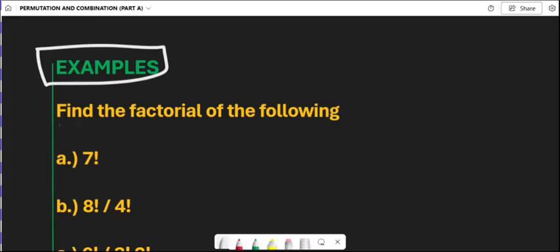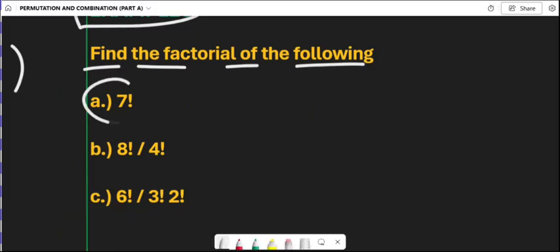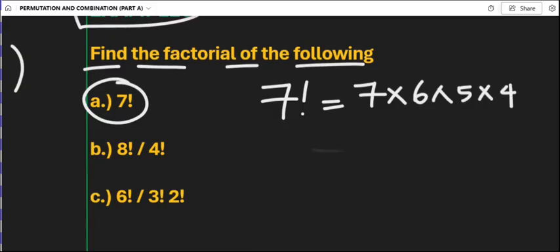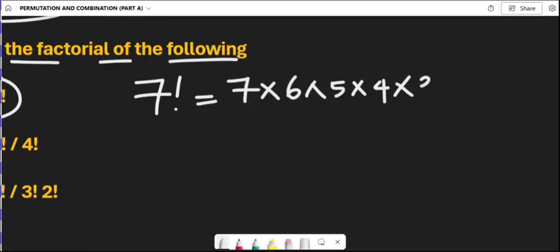Coming down to examples of factorial, we have to find the factorial of the following. The first one is 7 factorial. How do we do 7 factorial? Like I said, you reduce by 1 and multiply. So I'm going to have 7 multiplied by 6, by 5, by 4, by 3, by 2, then by 1.